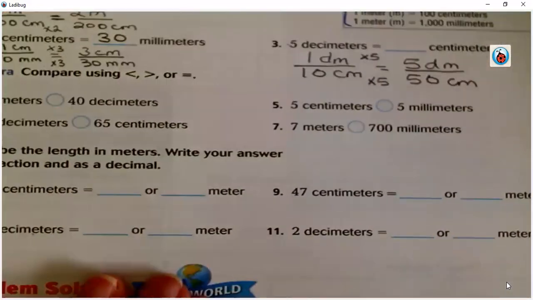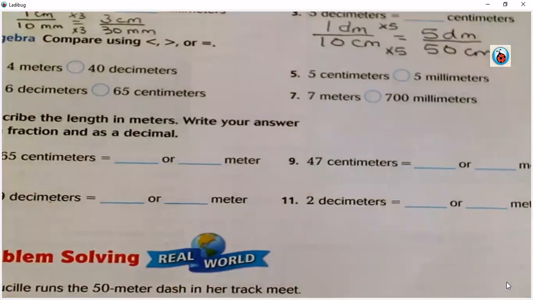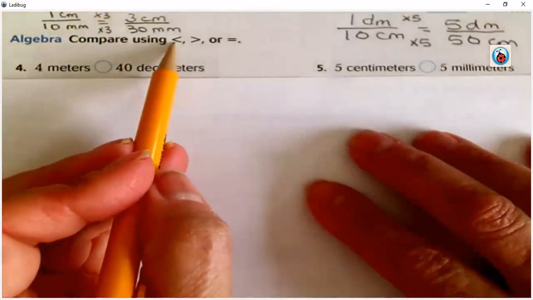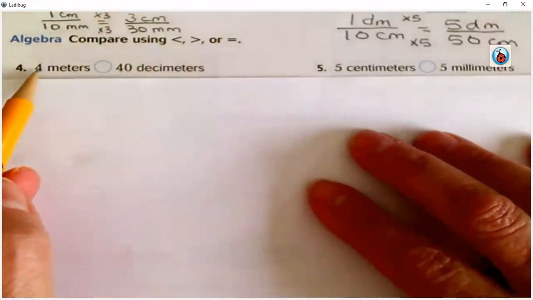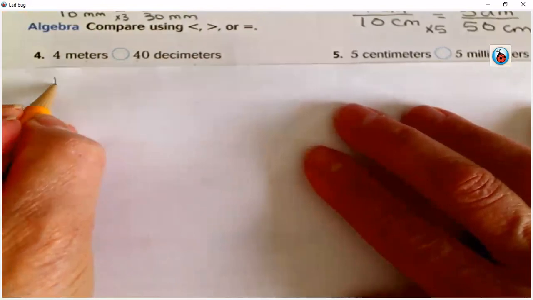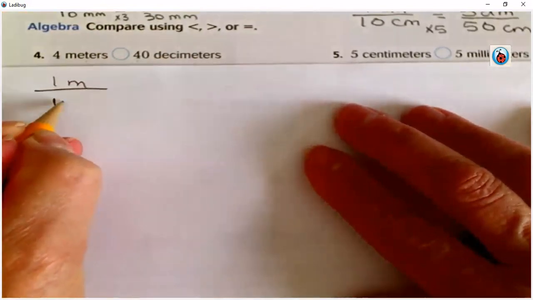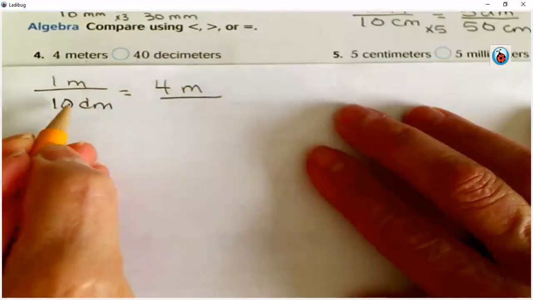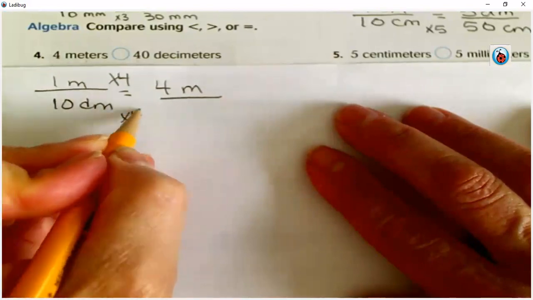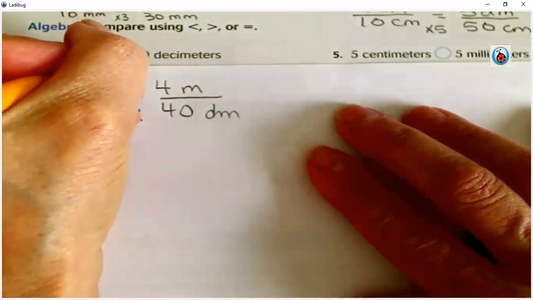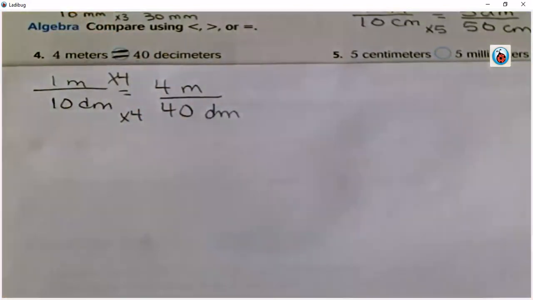Okay, now I might take some scrap paper to do this next one. So now I'm asked to compare these using the less than, greater than, or equal to sign. Okay, 4 meters, 40 decimeters. So I'm just going to write it like this. Well, I know that in 1 meter, there are 10 decimeters. So in 4 meters, there should be 40 decimeters. So this is equal.